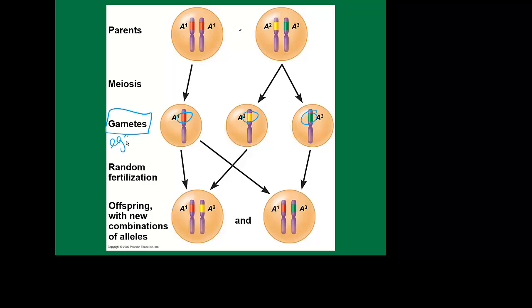So eggs or sperm. What they contribute to those gametes is what's passed on to the next generation. So from our parents here, the first parent can only contribute red alleles. Why? Well, they only have red alleles, right? You can only give what you have.